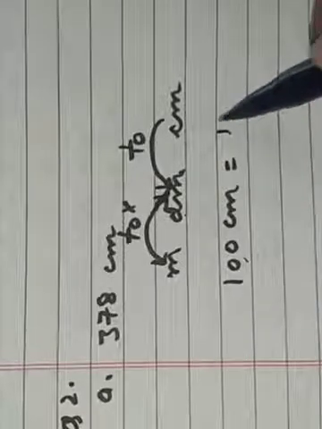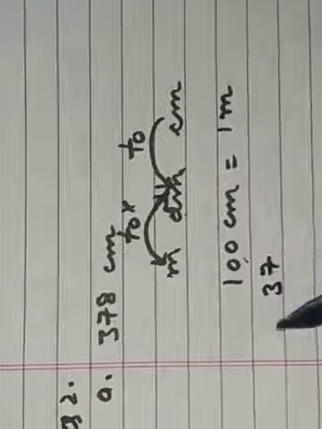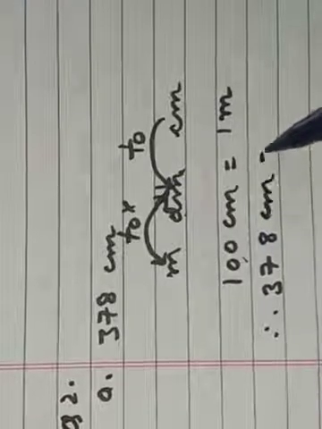and we know that 100 cm is equal to 1 meter. So on dividing, therefore 378 cm is equal to 378 divided by 100 meter.